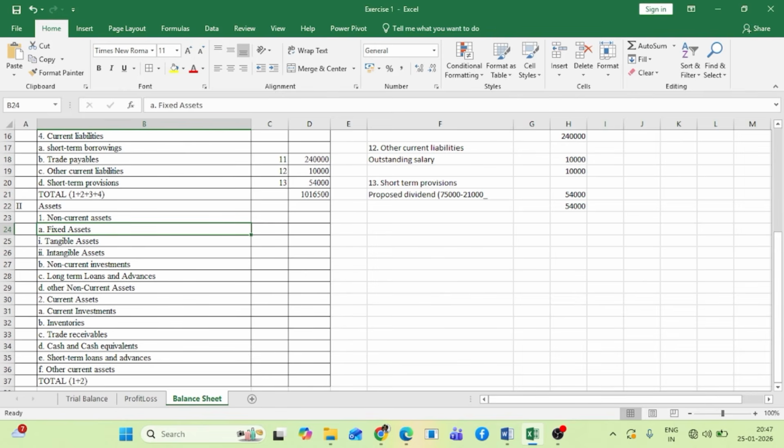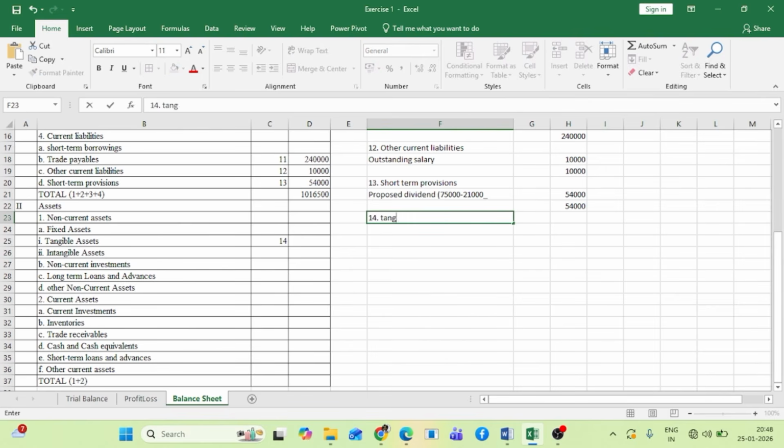Simultaneously, there is depreciation for all the assets, so we'll show it in a note, note 14. Under tangible assets, the first one is your furniture.